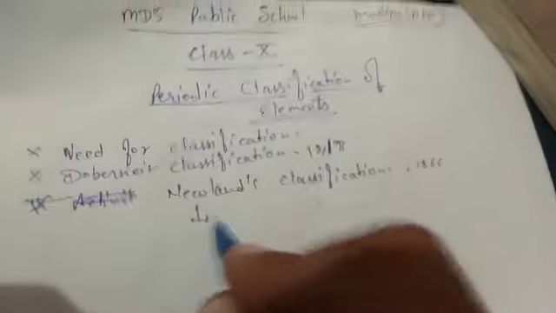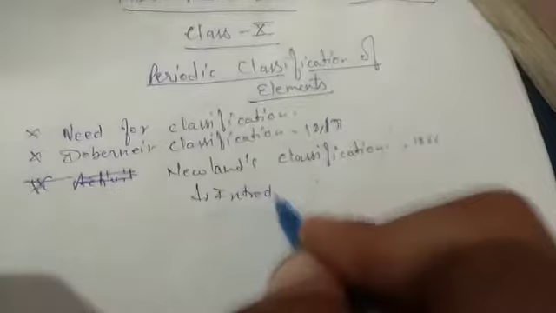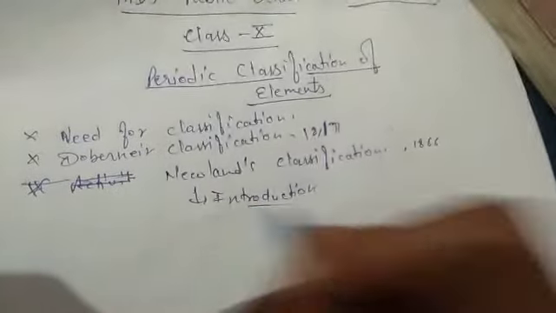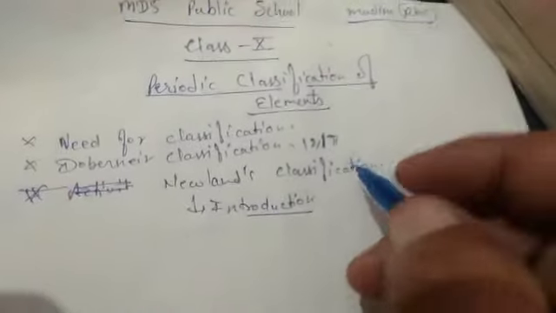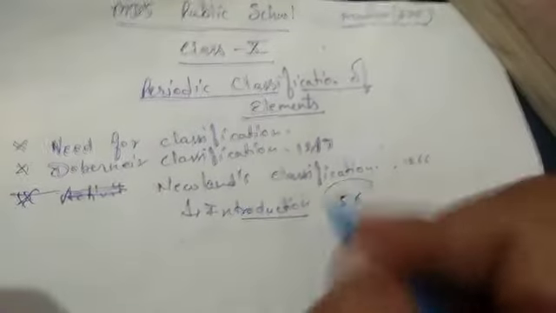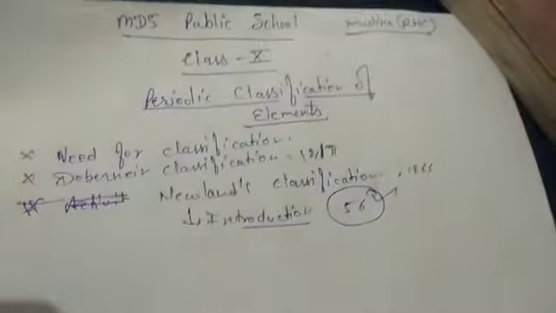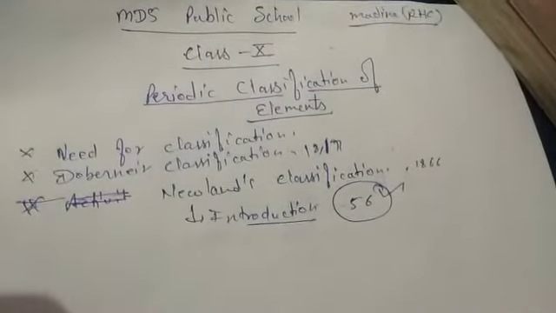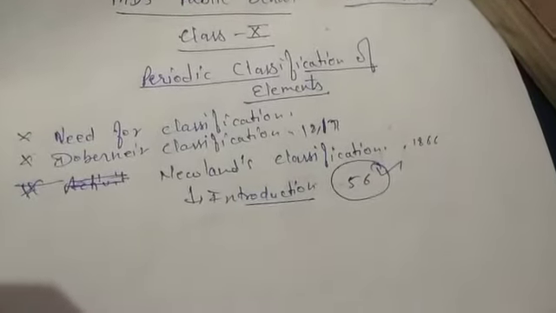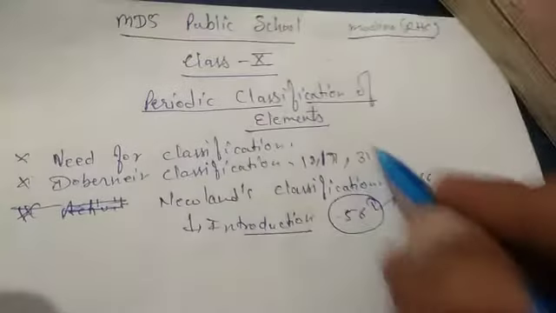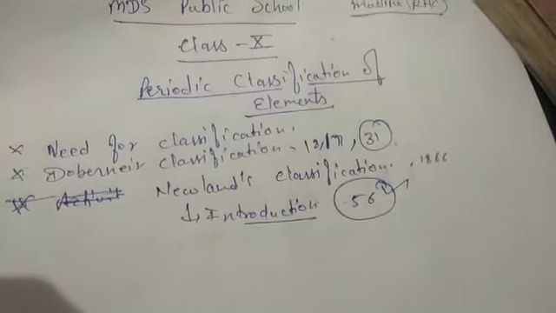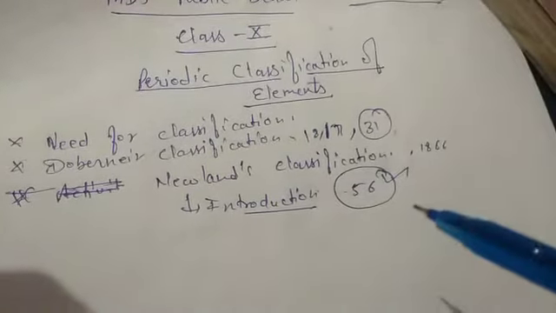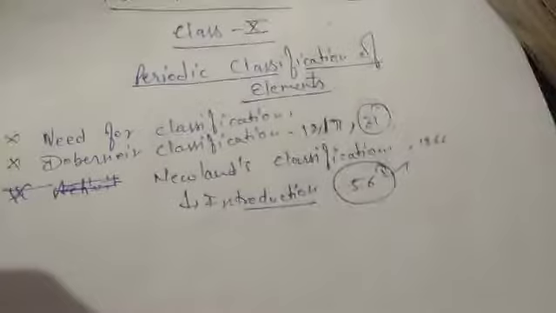So first, in the introduction of Newlands: when Newlands started the classification, 56 elements were known at that time. More elements had been discovered over time; when Dobereiner started the classification only 31 elements were known, but at the time of Newlands 56 elements were known.